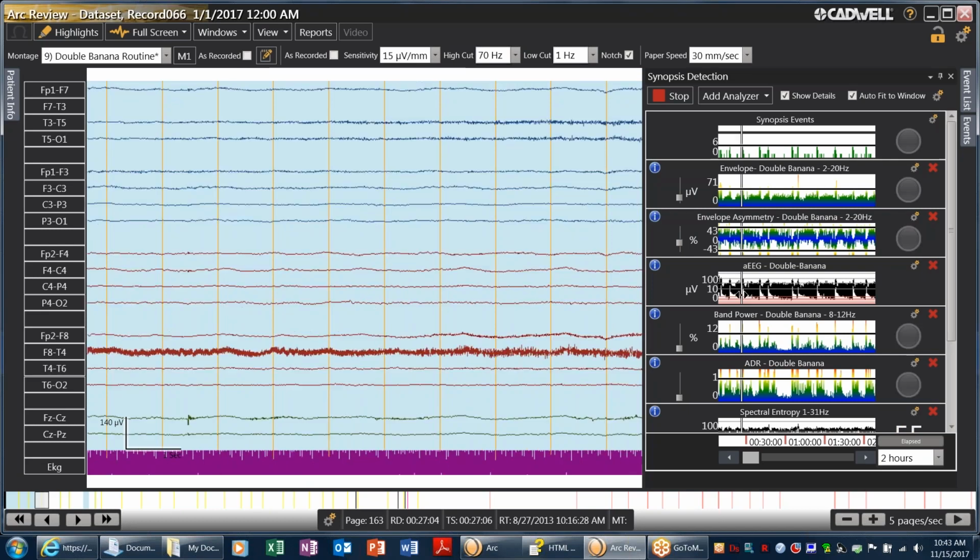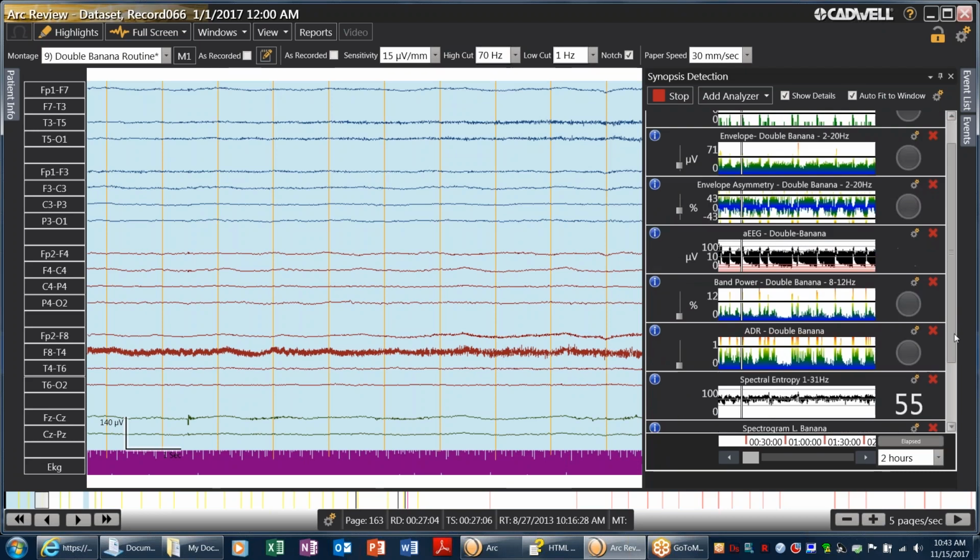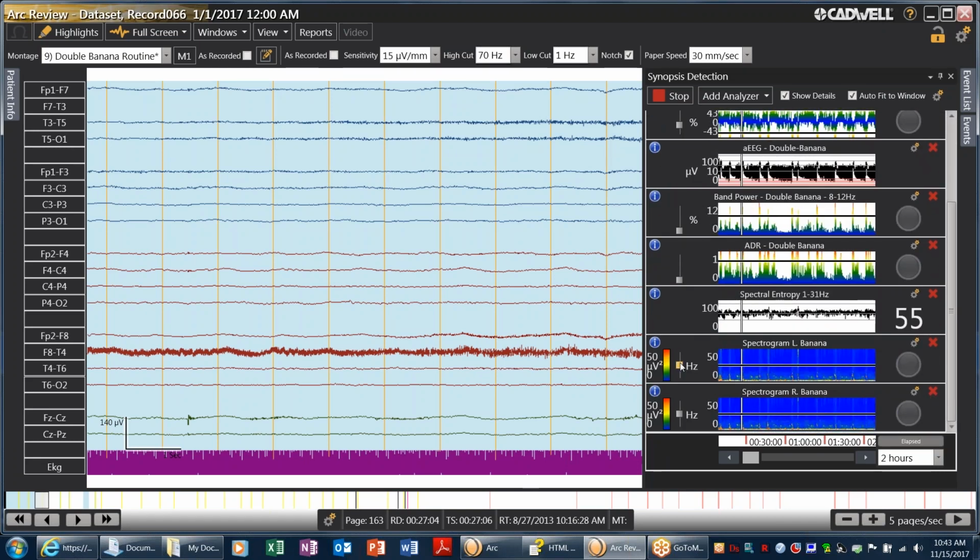This is represented quite nicely over here on these various analytic panels, and we can kind of look at how this transition period here is represented in these panels. So going back slightly here to this relatively low amplitude delta section, we can kind of go through a few of these channels here and see.